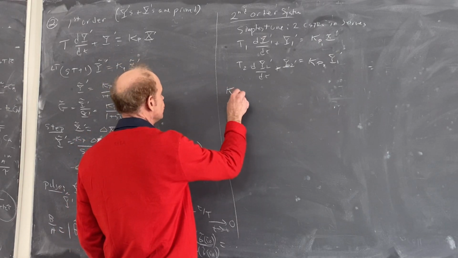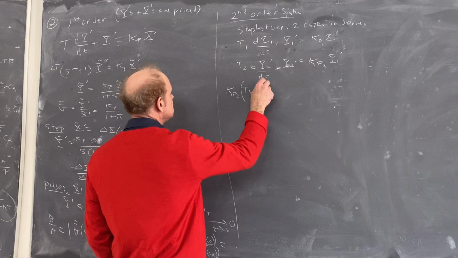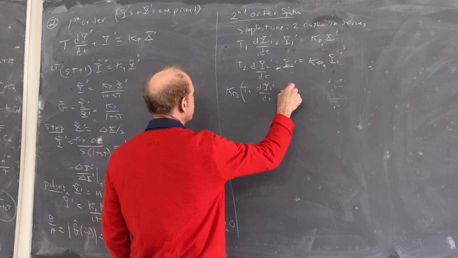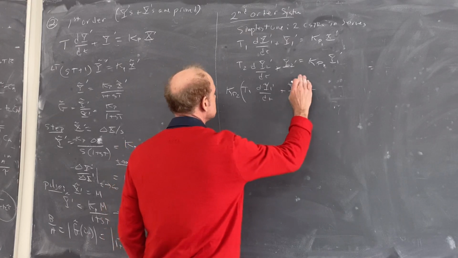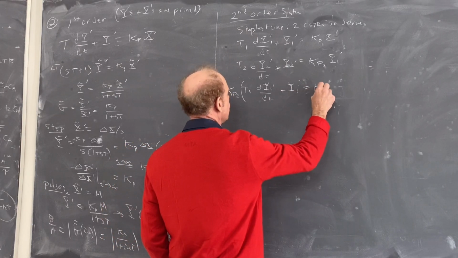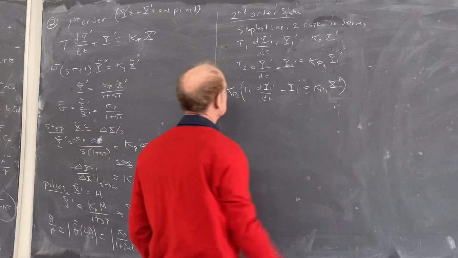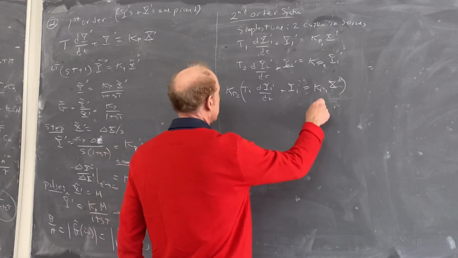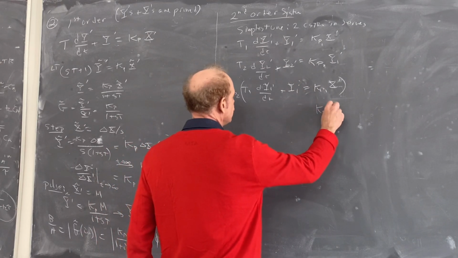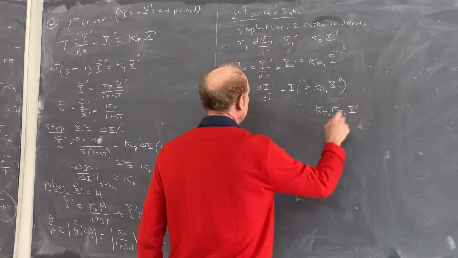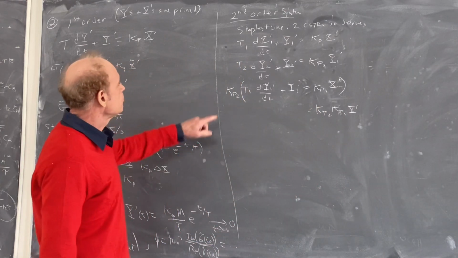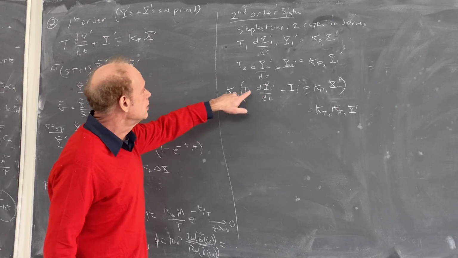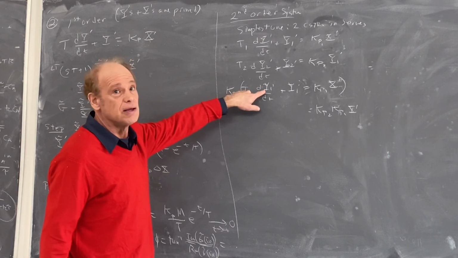So I have Kp2 T1 dy1 prime dt plus y1 prime is equal to Kp1 x prime. And now on the right hand side, I have Kp2 Kp1 x prime.